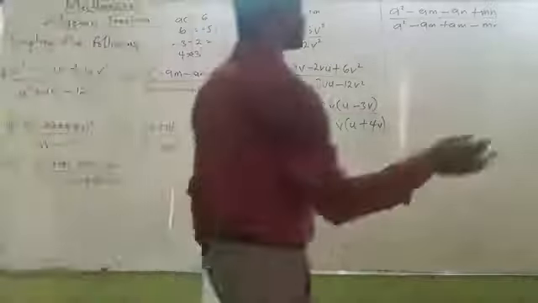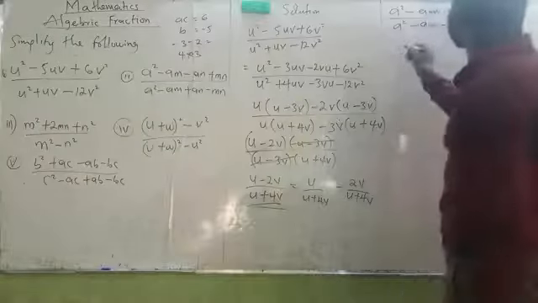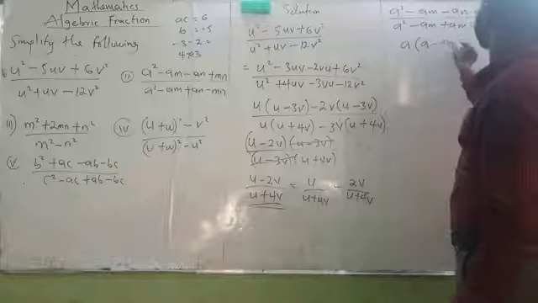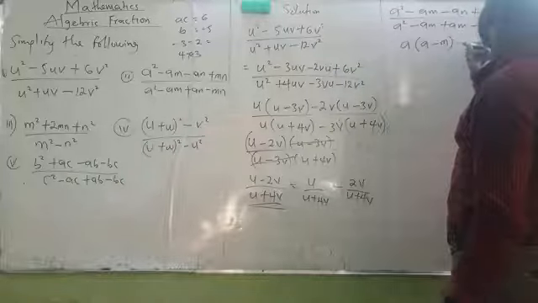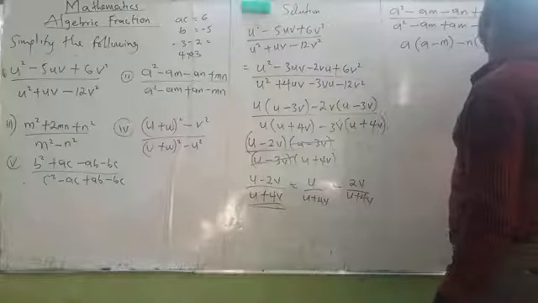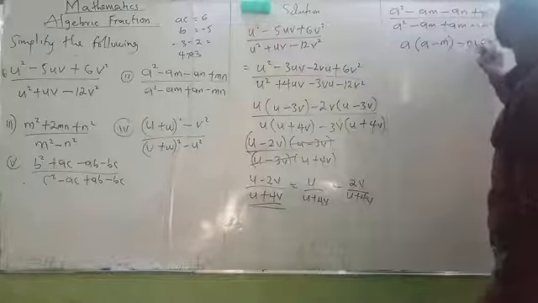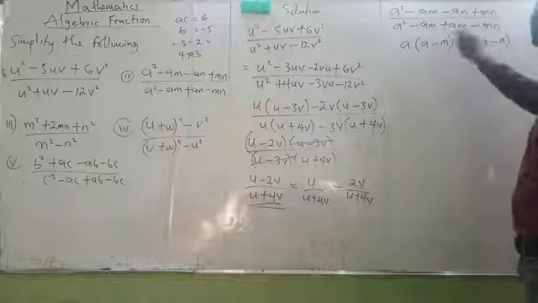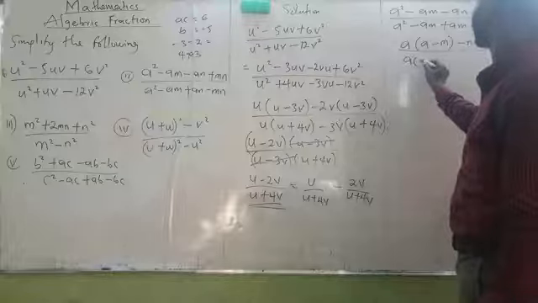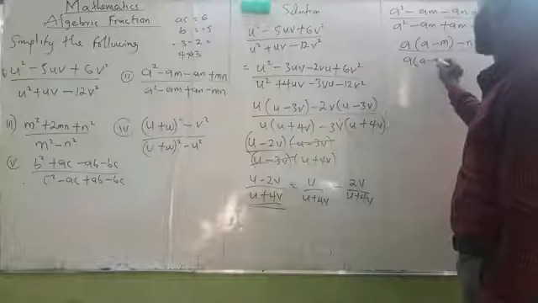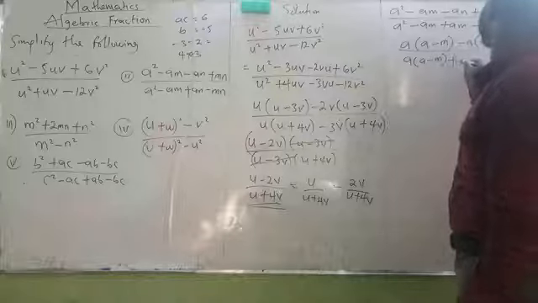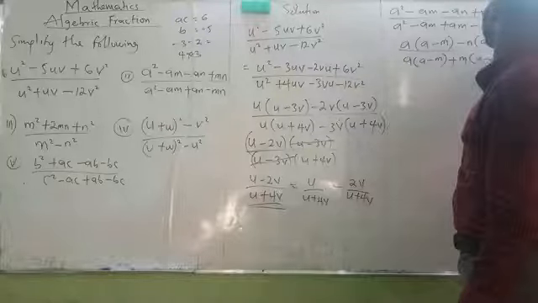I want to group into two. The first group will be a bracket of a minus n. Now, the next bracket, I'll be having minus m bracket of a minus n, because when I open this bracket, I will have this. Now, divided by, this also will be a bracket of a plus m, and also this one will be plus n bracket of a plus m.